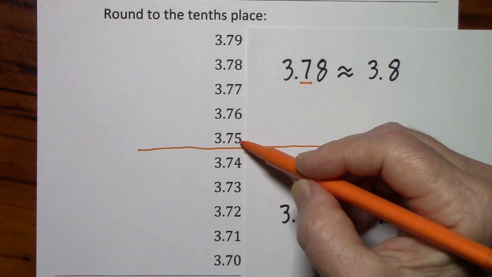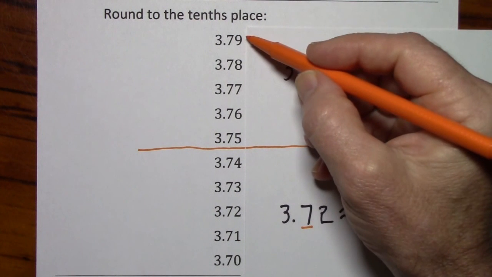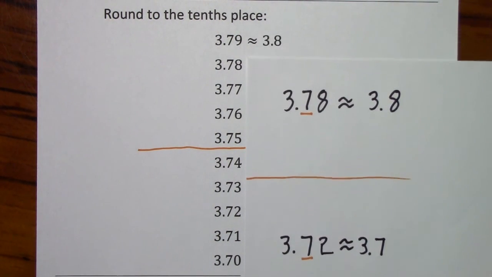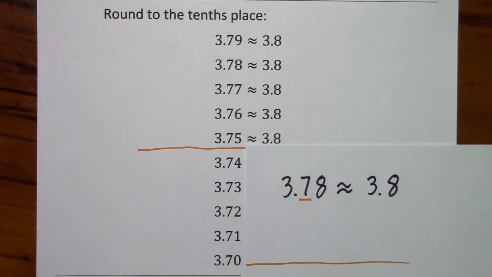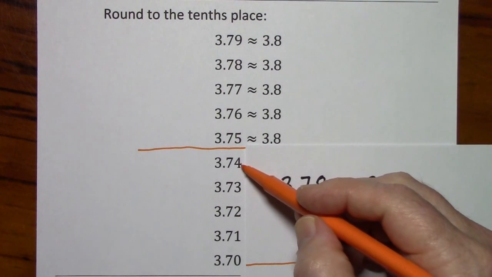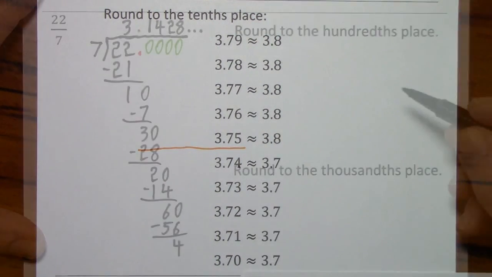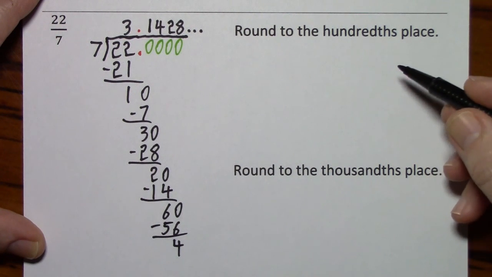So if you're looking at a 5 or greater, you round up. If you're looking at 4 or less, you round down. So we'll come back to these two.